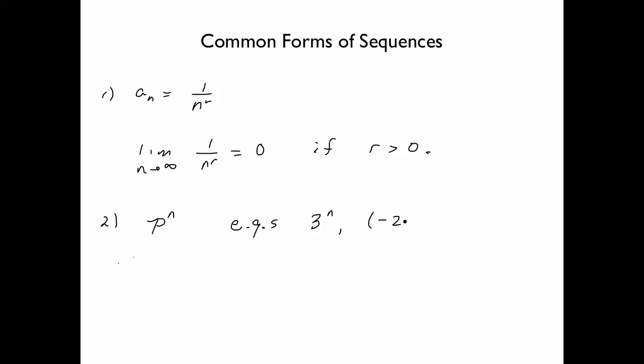Negative 2 to the n. 1/2 to the n. 1 to the n. So here are all examples of these: 3 to the n, negative 2 to the n, 1/2 to the n, 1 to the n.